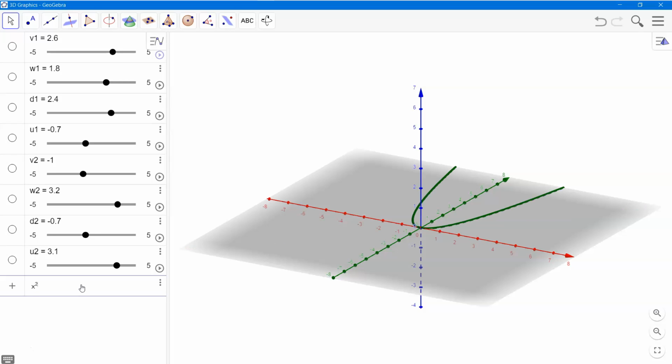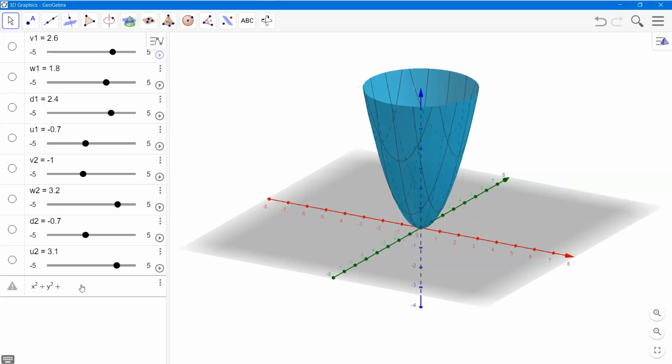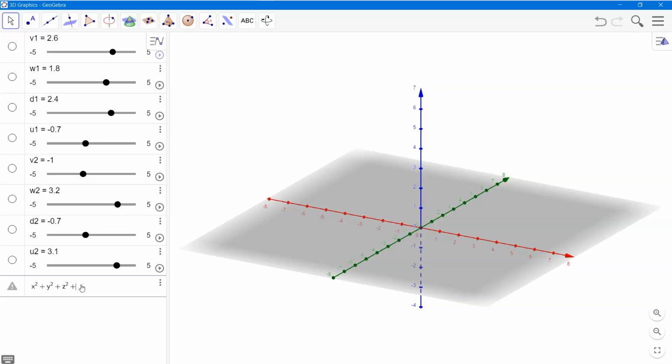the equation of the sphere is x square plus y square plus z square plus 2u1 times x plus 2v1 times y plus, here, u1 is 0.7, v1 is 2.6.